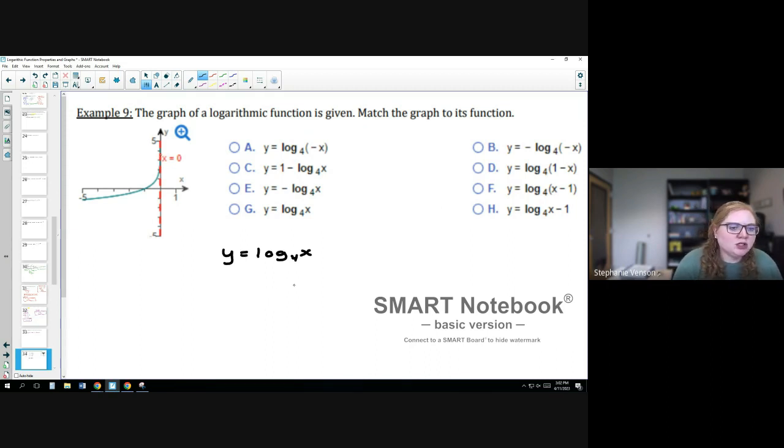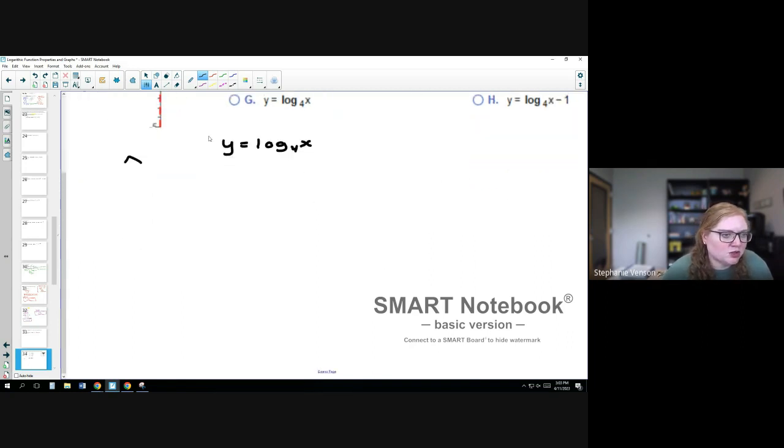Okay, so now we need to remember, y'all remember it's real hard for me to write straight lines on here. Y'all pretend that's straight, okay. Let's remember what the parent function looks like.